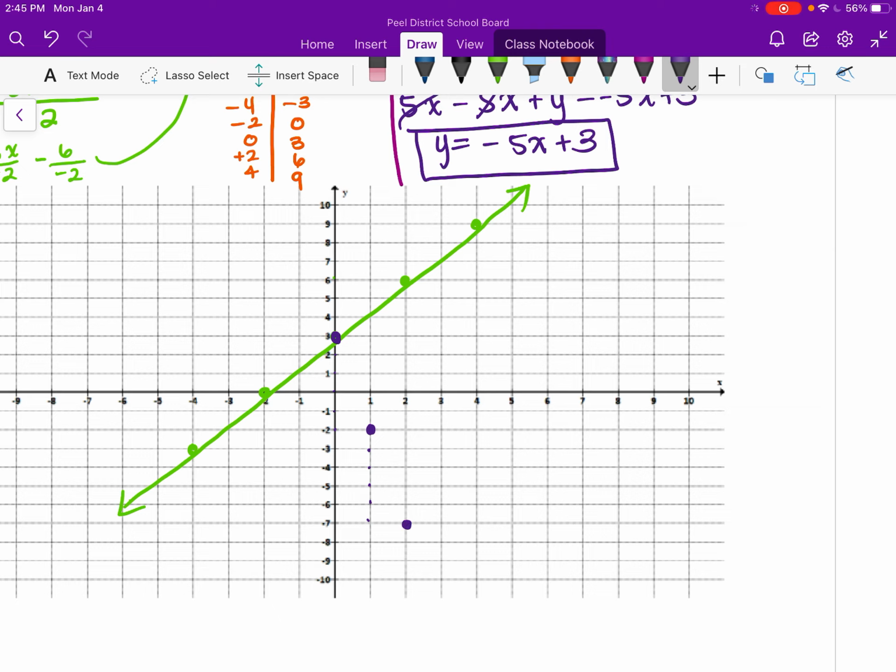And then if I want to go in the opposite direction, right, I'm just going to do the opposite. So instead of going down 5, if I want to find out what came before, I can go up 5. So 1, 2, 3, 4, 5, and over 1, and so on and so forth. And then I can just draw this lovely line like this.